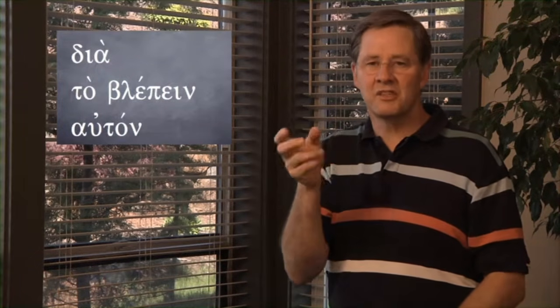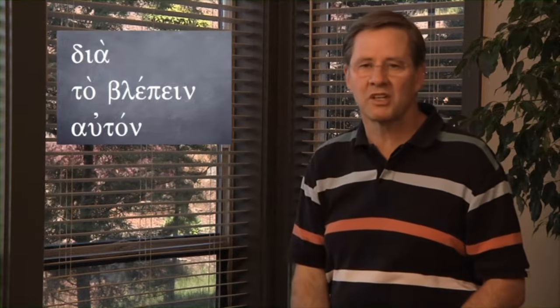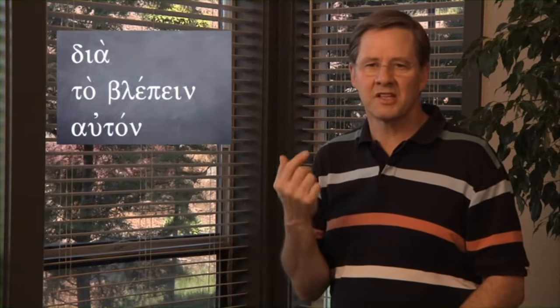You can't say "to see" because we just don't have this construction in English. So you have to translate the infinitive as a regular verb. And the auton is functioning as the subject of the infinitive in this example. So it is dia with the articular infinitive is "because," and then "he sees." Okay, so that's your vocabulary. Dia with the articular infinitive, backside it means because.